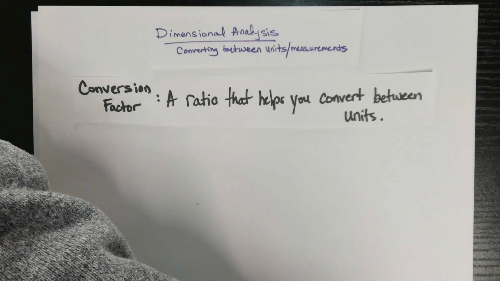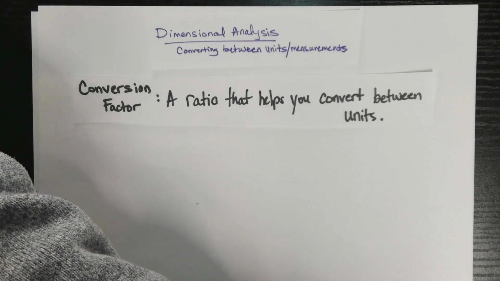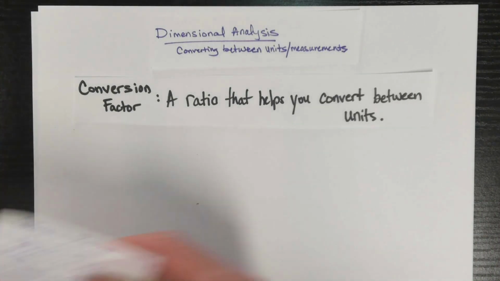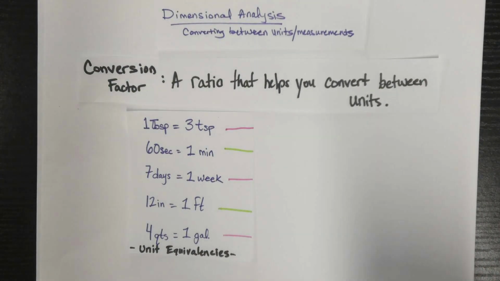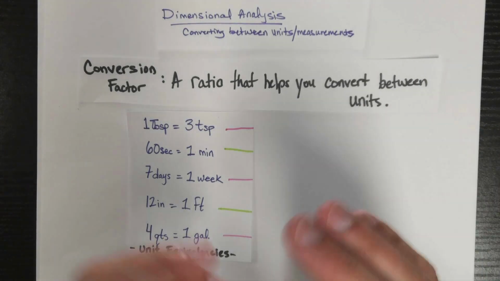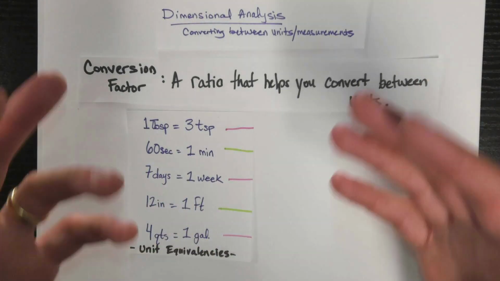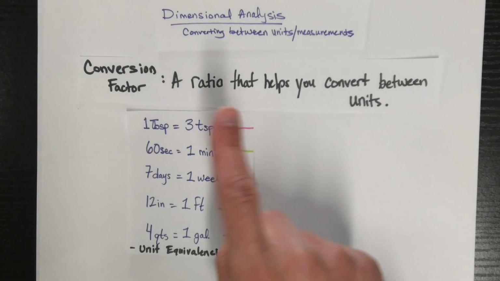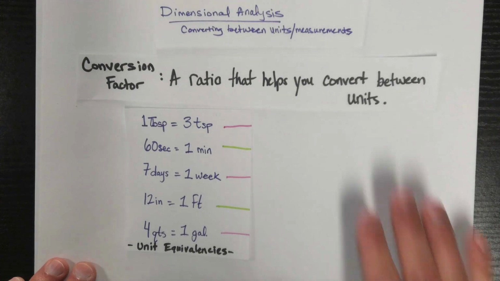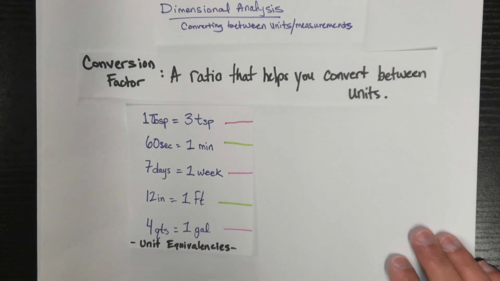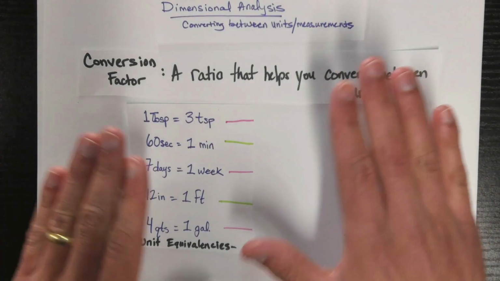Well, in chemistry and with conversion factors, really just in anything in science and measurement, we have lots of different conversion factors. In fact, however many units there are, as long as they're in the same kind of unit, like time or distance or volume or temperature, there's a way to convert between them. So I've just listed 5 random ones here to give you some sort of bearing on the idea of conversion factors.